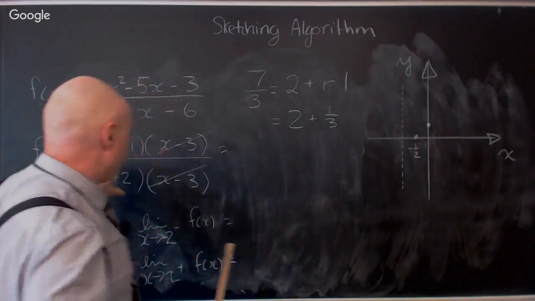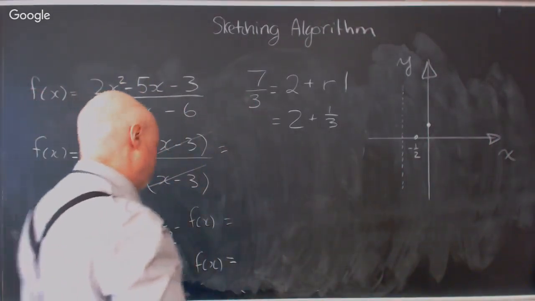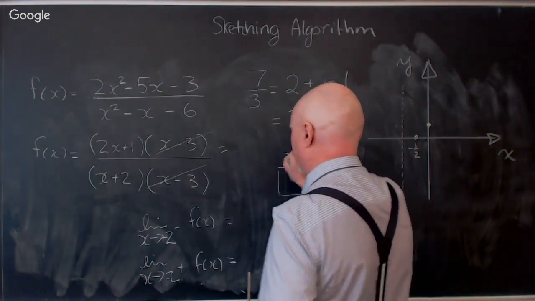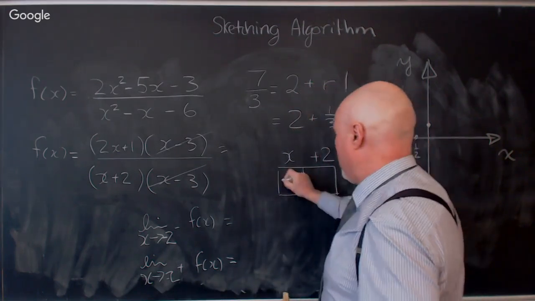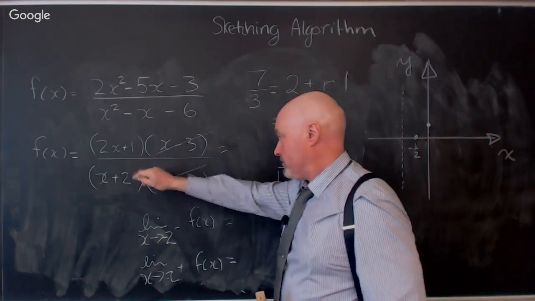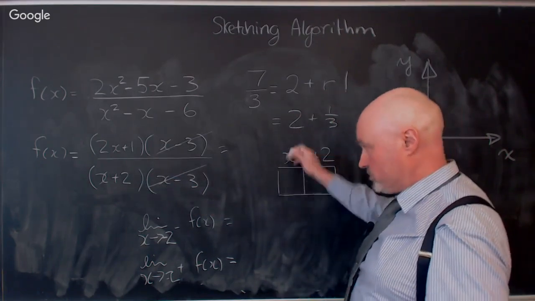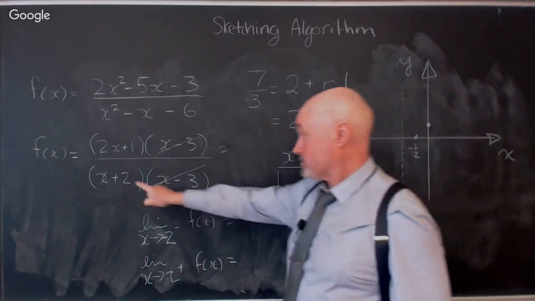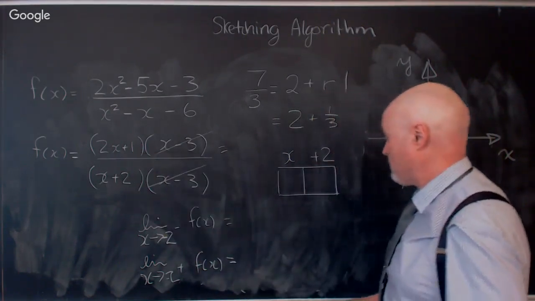We're going to do the same thing, but we're going to do it with the polynomials, okay? So here we go. I've got x plus 2, and I know that I'm dividing it into 2x plus 1. So I'm going to find out what I would multiply by x plus 2. Okay.